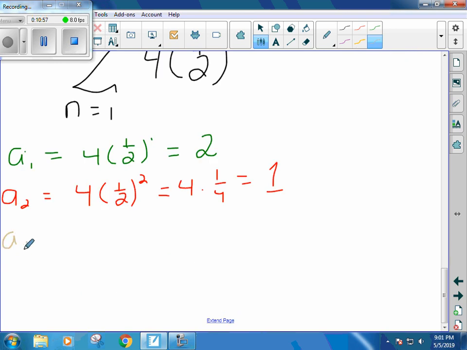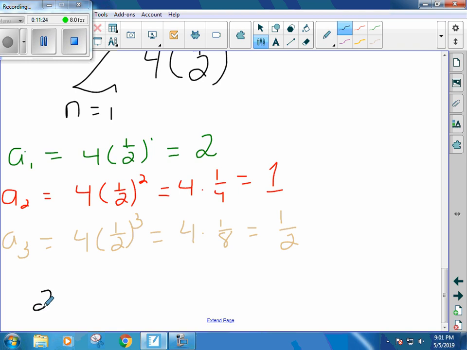A sub 3. 4 times a half cubed. A half cubed is going to be 1/8. And 4 times an 8 is a half. So we know our ratio is a half. So what I want to do is I'm going to write my series horizontally.